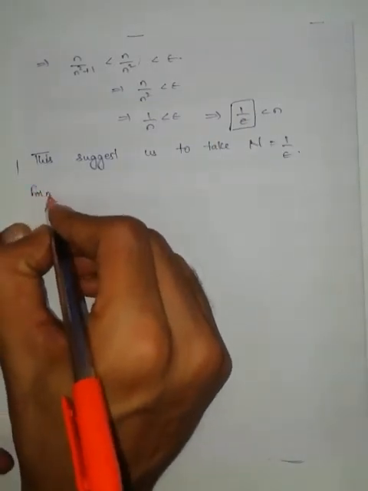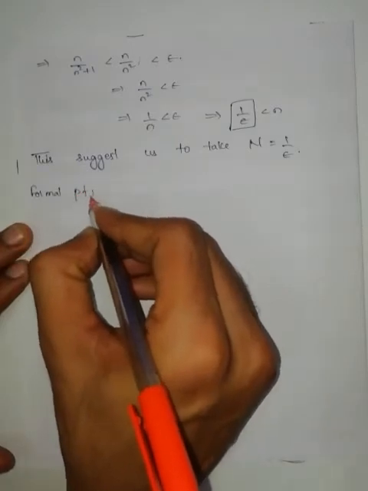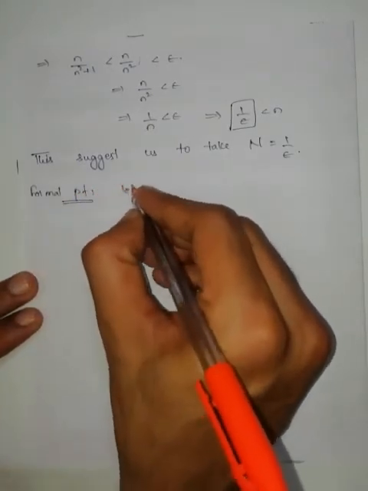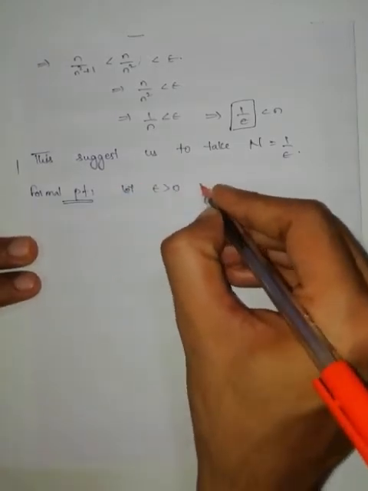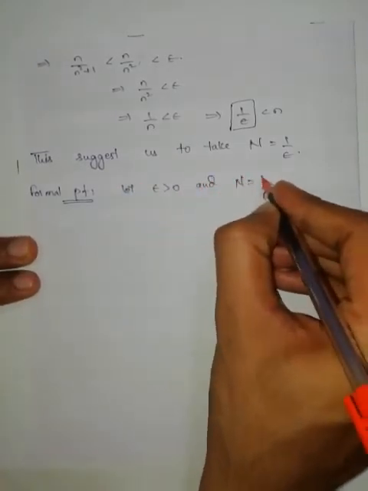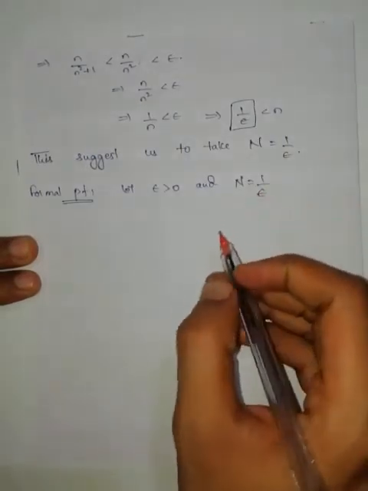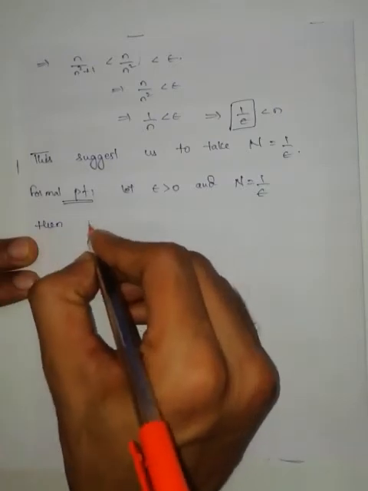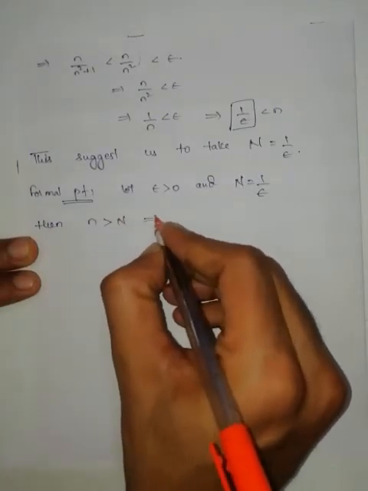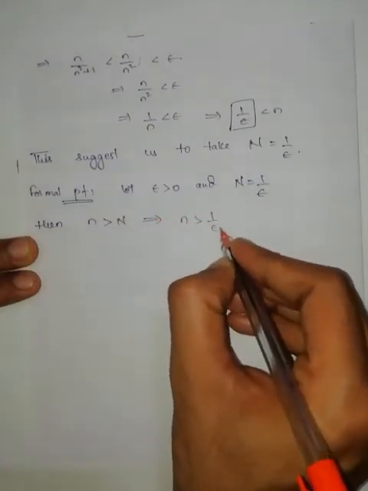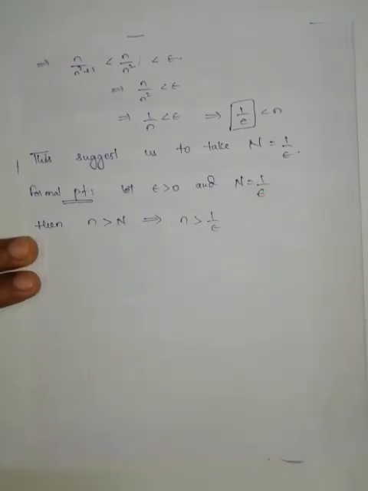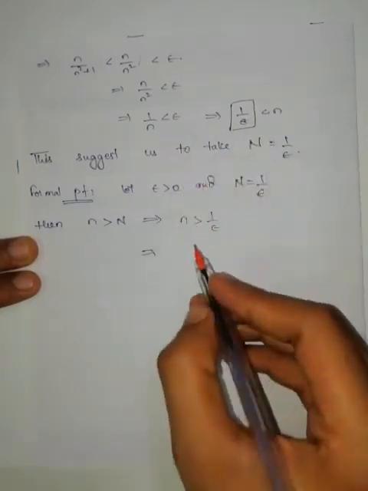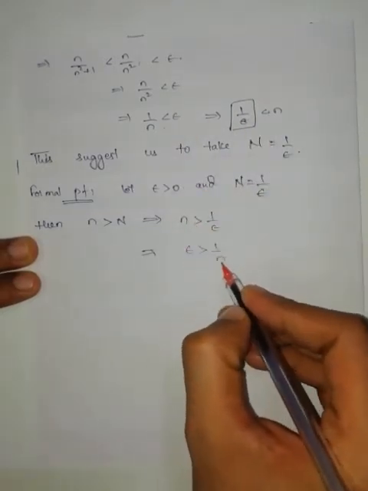Formal proof. Let epsilon greater than 0 and capital N is equal to 1 by epsilon. Then small n greater than capital N implies small n greater than 1 by epsilon. Capital N value is this one. Cross multiply, I wrote this one, now I am writing this one. Epsilon is greater than 1 by n.